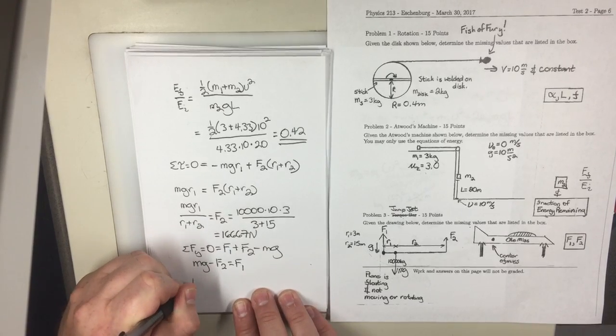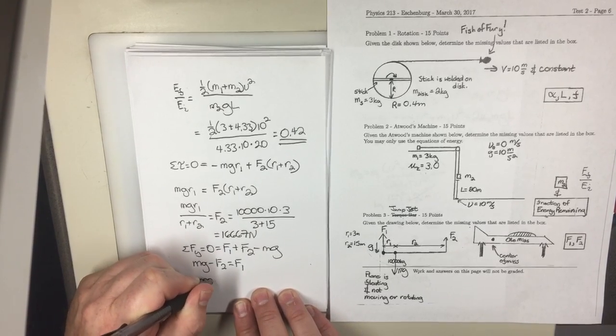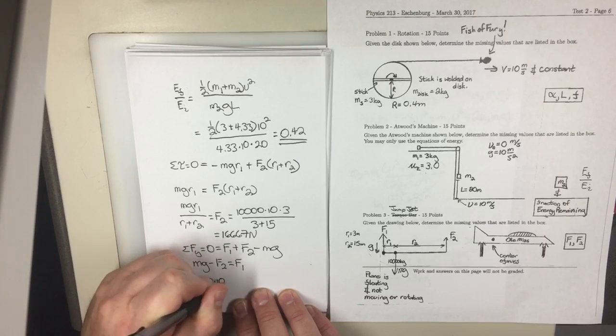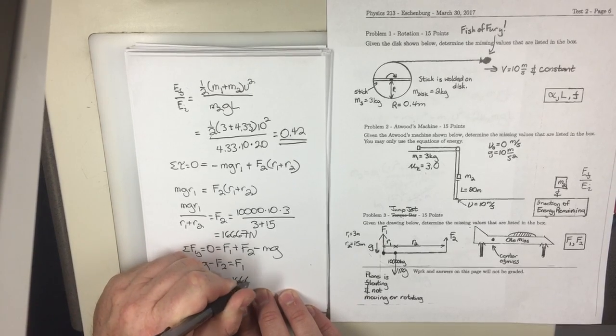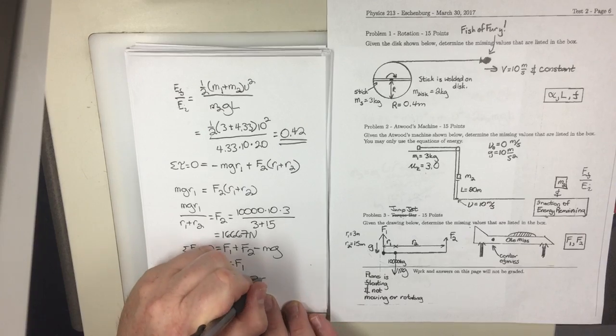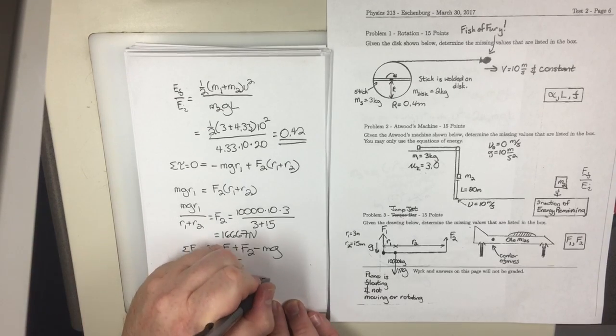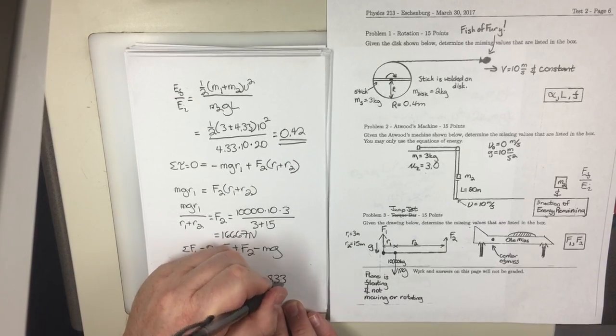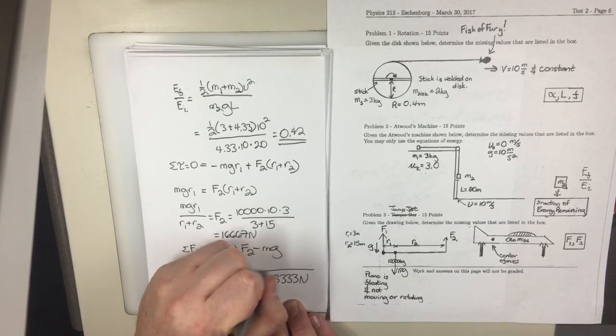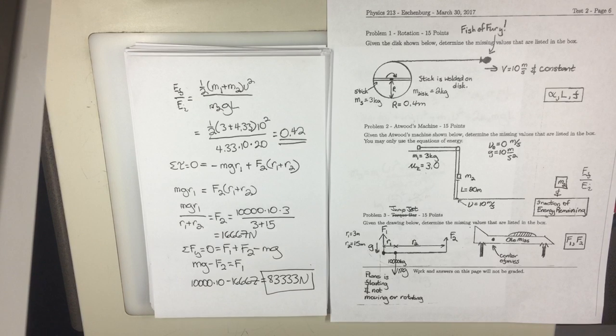So this gives me 10,000 times 10 minus 16,667 is equal to 83,333 newtons. And that's the force of the back engine, the F1 engine.